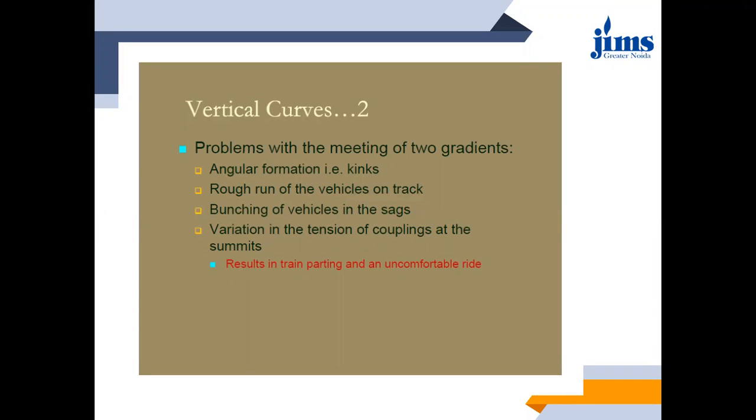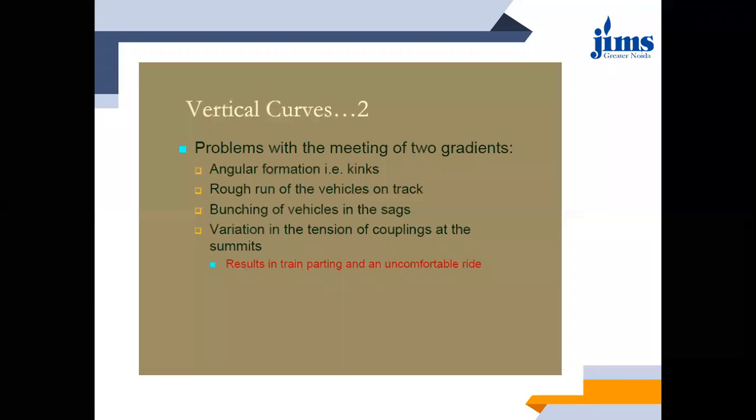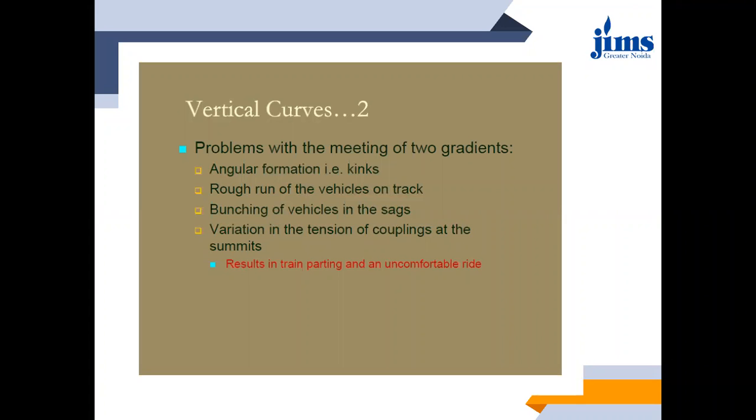When the train is passing over any summit curve, that means at the top apex point, the first half of the train will be exposed to one kind of force, and the second half of the train will be exposed to a tensile force in the opposite direction. So this will create tension in the couplings of the train at the summit point.